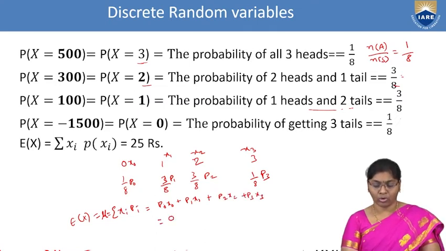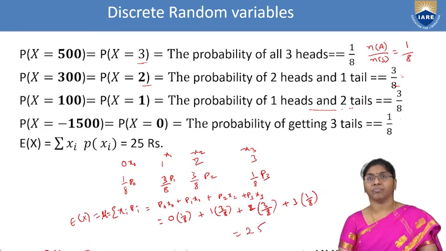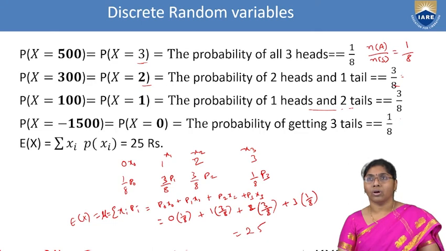That equals 0 into 1 by 8 plus 1 into 3 by 8 plus 2 into 3 by 8 plus 3 into 1 by 8. Total we get 25. Okay, this is the complete solution.